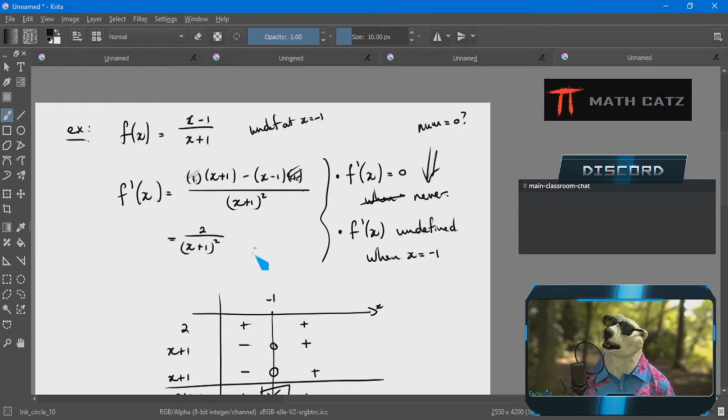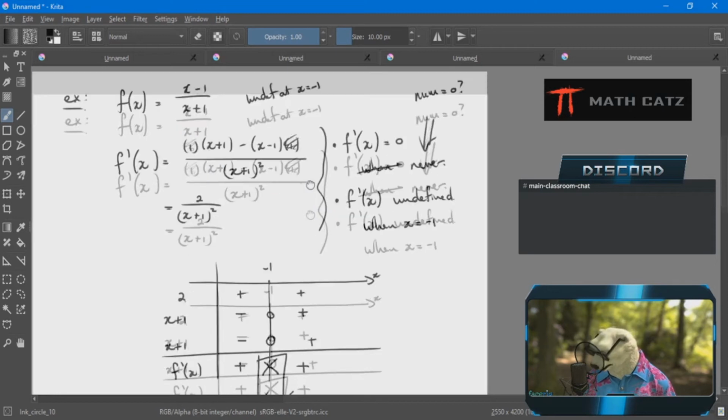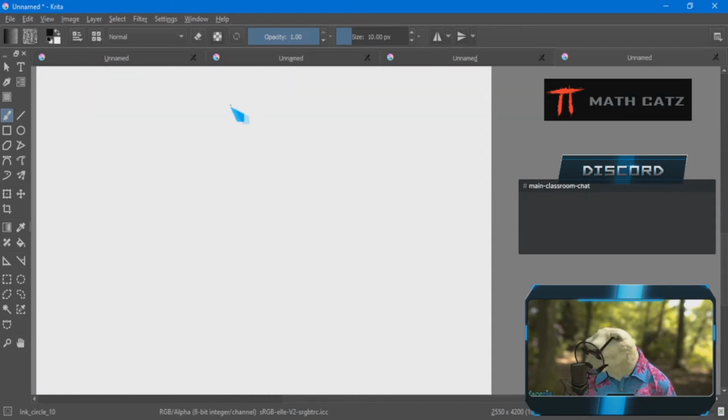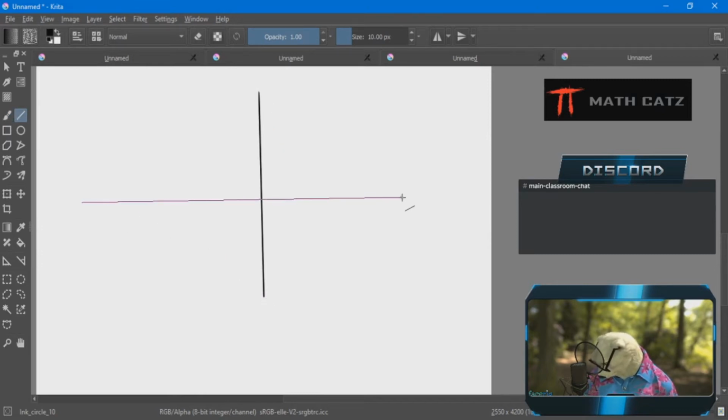Now, if you want to graph it, you would have done step 2 first. You would have done asymptotic behavior first. And we would have seen there's a horizontal asymptote of 1. There is a vertical asymptote at -1. So you would have already had some graph information. Let's fill in what it would have looked like after step 2.